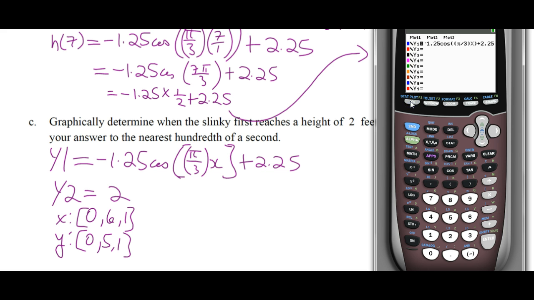And I need to know when I hit 2 seconds, so y2 is 2. And hit graph. So we should just be seeing one cycle, right? One period. We went 6 seconds, which is one period. Okay, and there's when it first reaches, okay, rounded to the nearest hundredth, second, calc, intersect.